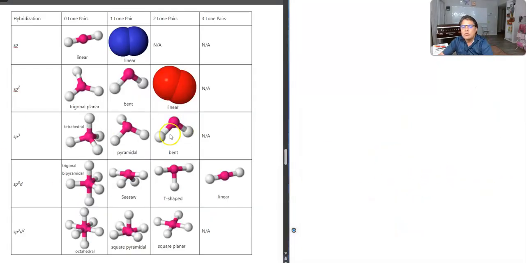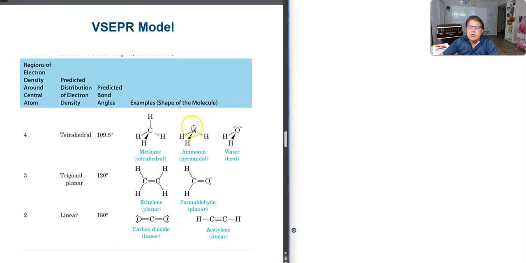Now let's see some examples. In the previous case, if you have a lone pair, the geometry is tetrahedral, but if you have one lone pair, then the structure is pyramidal, right? Because the electron cloud is not actually in the structure of the molecule. It is just the cloud's shape, and the electron cloud is just the two electrons inside it. That's why you just have to ignore that.